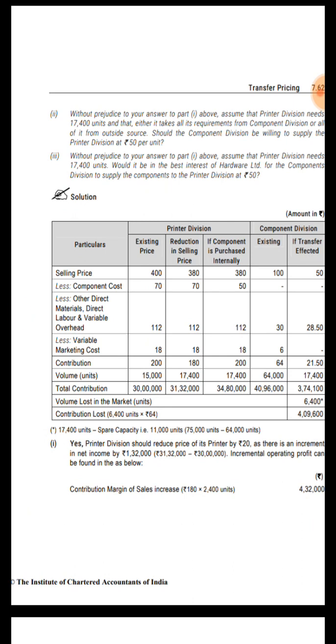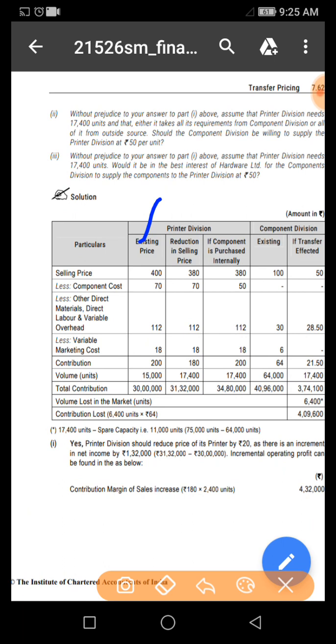First scenario: 400 minus 70 minus 112 minus 18, contribution is 200. Similarly for the other two scenarios, you get contributions of 200, 180 and 200. Volume: at the existing price you will be able to sell only 15,000.